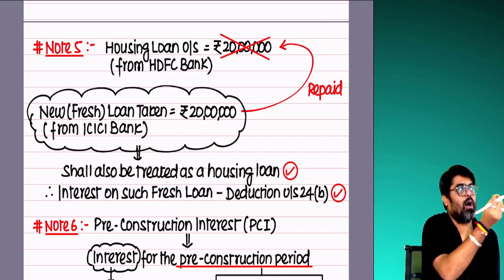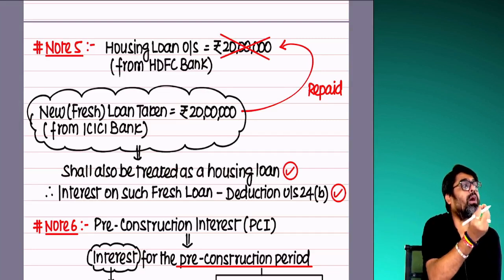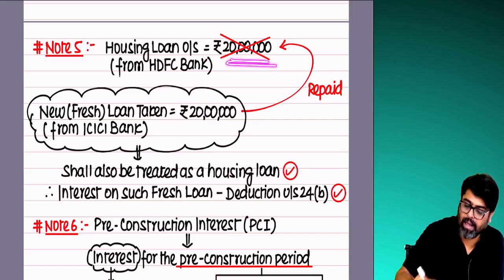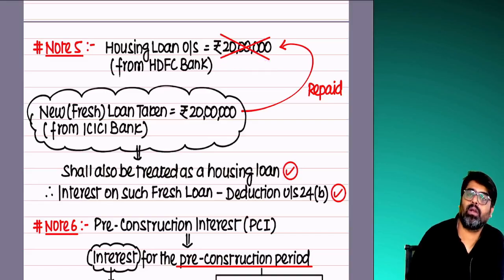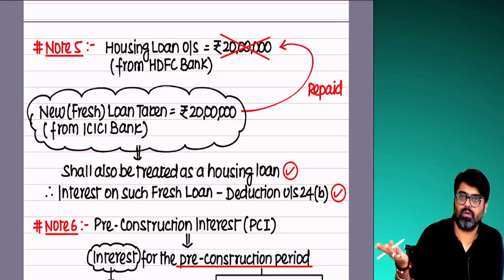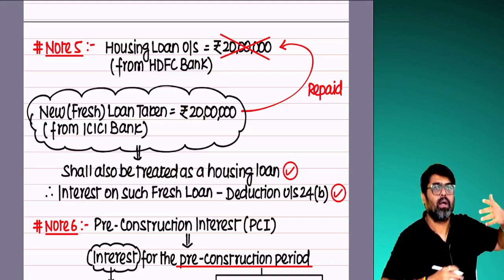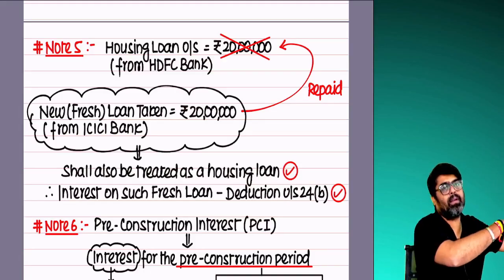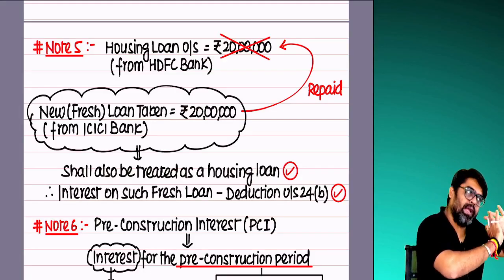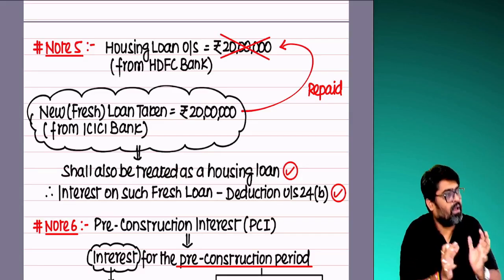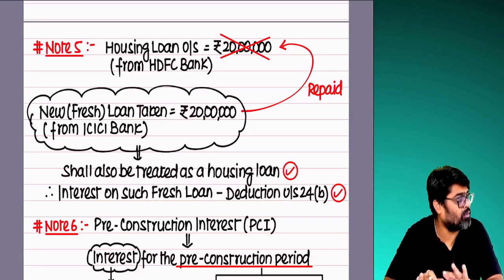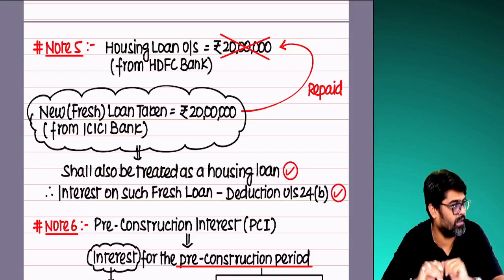This year, how much housing loan is still outstanding? 20 lakhs. Housing loan which was taken from HDFC Bank in the past. I have started the repayment and everything, but out of the entire housing loan, still 20 lakh rupees of housing loan is outstanding in this year.